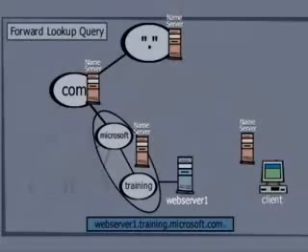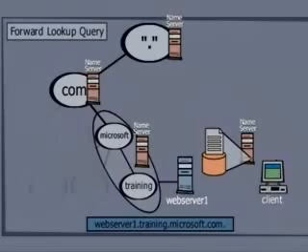This example shows a forward lookup query from a client to find the IP address of Web Server 1 in the training.microsoft.com domain. The client queries its local name server for the IP address of webserver1.training.microsoft.com. The local name server checks its zone database file to see if it has authority for that domain.